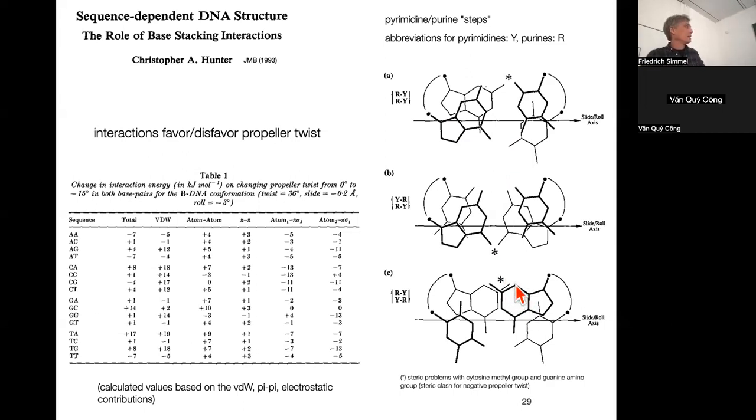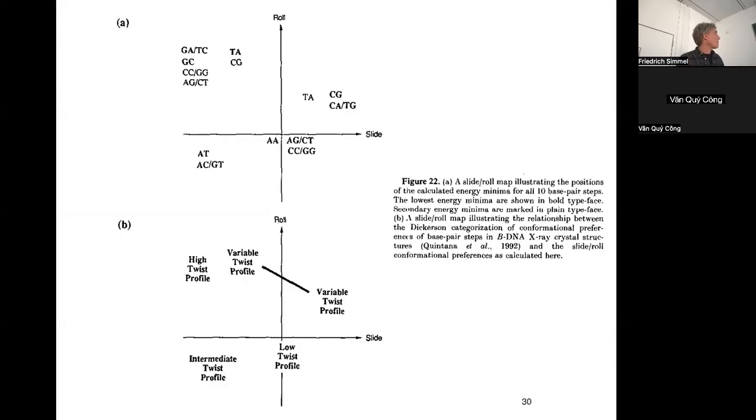The idea is that when you move the upper base and shift it like this, it would collide with the group of the base below, and also here and also here. That means that in these situations, the DNA base can only bend in one direction, not in the other, because they would clash. And that influences the mechanics in the end.